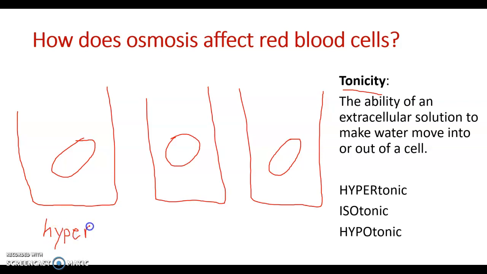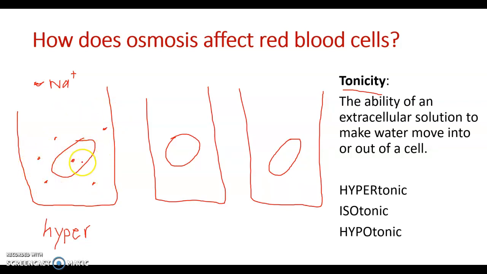So we'll make our first solution hypertonic. Hypertonic. That means hyper, more than, right? So the concentration on the outside of the cell is greater than the inside of the cell. So we'll call all of these little dots sodium, like salt. So there's more salt on the outside than there is on the inside. We'll give one on the inside. But the concentration gradient is higher on the outside than on the inside.